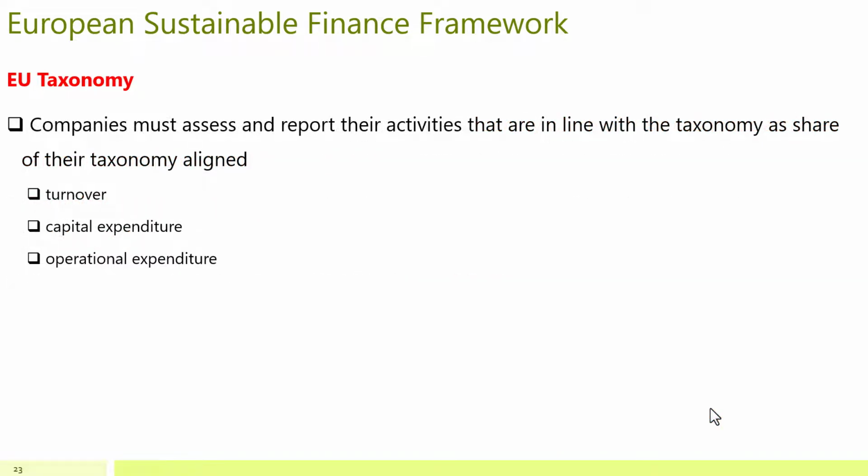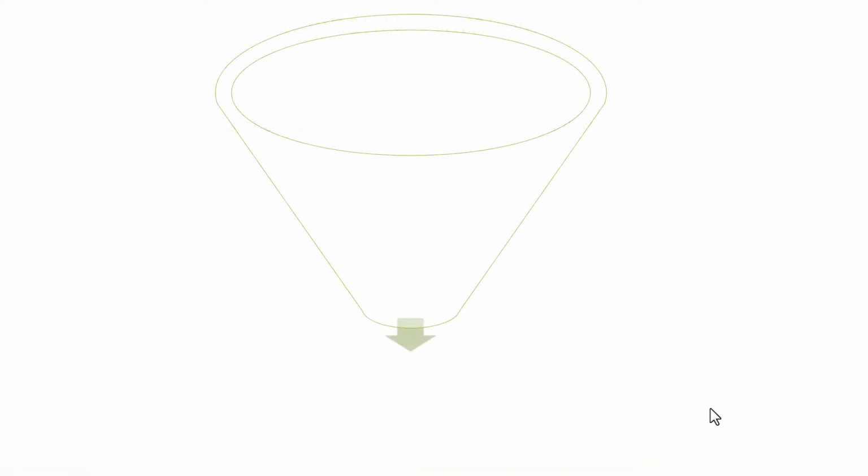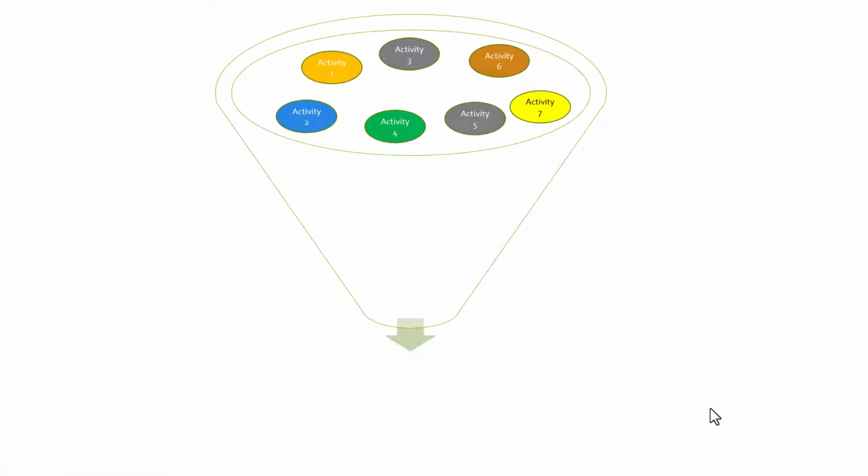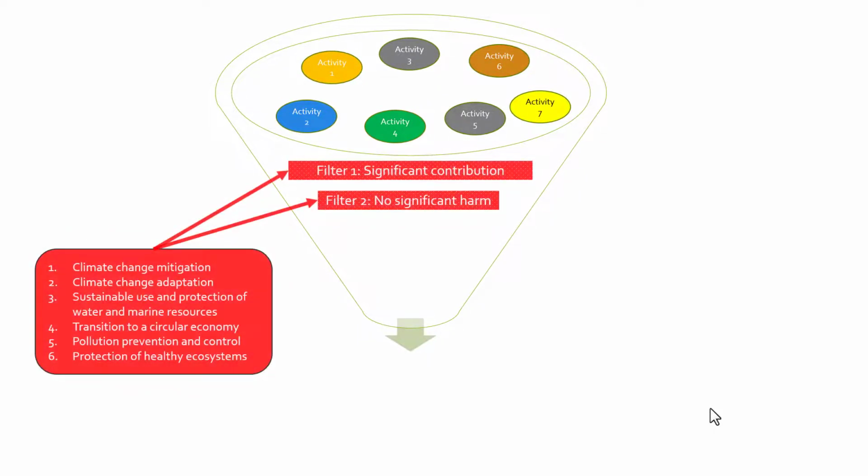So let's say one of your activities can be classified as sustainable. What a company has to do then is take its turnover, its capex and its opex and calculate a relationship of the sustainable versus non-sustainable fraction. Here's an example. Here are a couple of activities and then we have 3 filters. Filter 1 says your activity has to have a significant contribution to one of the 6 objectives.